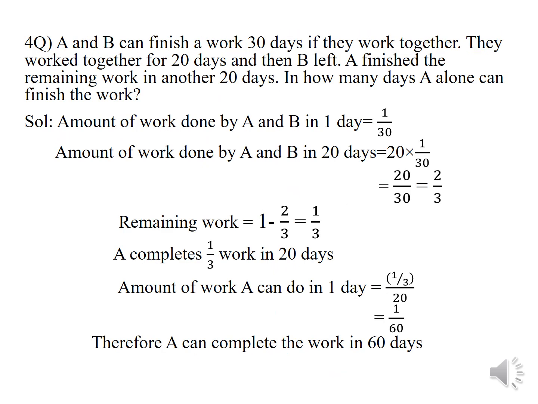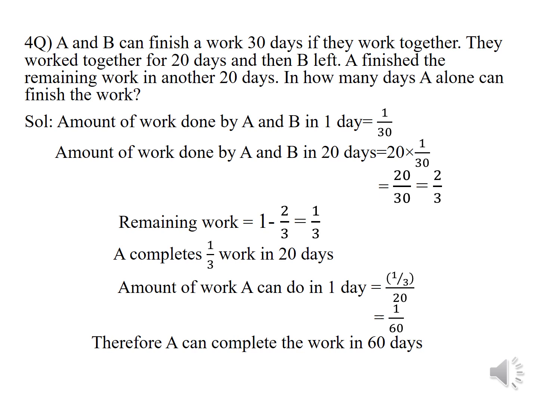Look into the fourth question. A and B can finish a work in 30 days. If they work together for 20 days and then B leaves, A finishes the remaining work in another 20 days. In how many days can A alone finish the work? In this question, what we are solving for is the number of days A alone takes to finish the work.